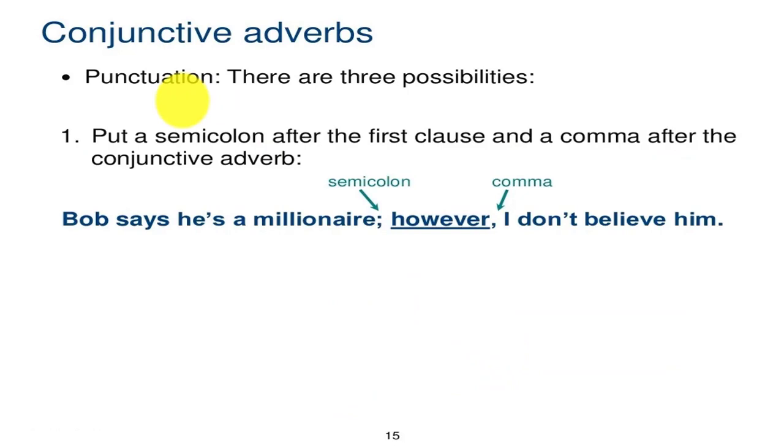There are three possibilities. Number one, put a semicolon after the first clause and a comma after the conjunctive adverb. Bob says he's a millionaire; however, I don't believe him.